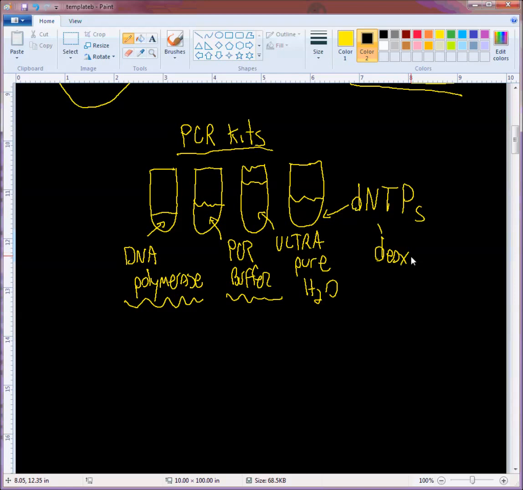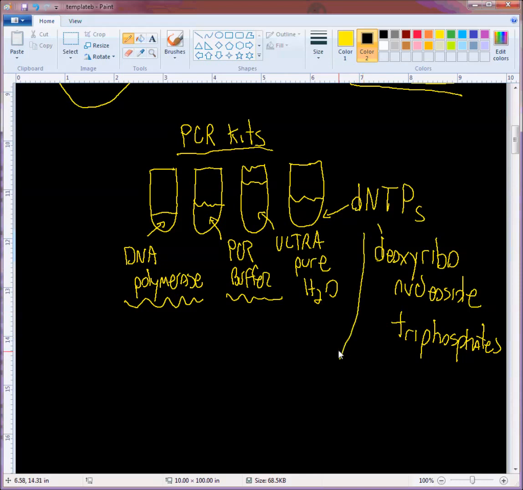We talked a little bit about this in chapter 10. So deoxyribonucleoside triphosphates. So we're going to be making copies of this gene. So of course we're going to need deoxyribonucleoside triphosphates to make the DNA. So this is just a collection of dATP, dGTP, dCTP, and dTTP.